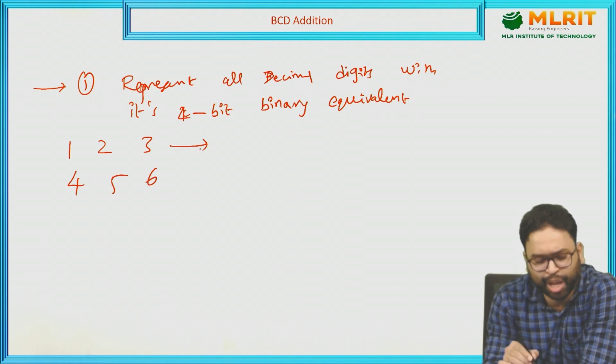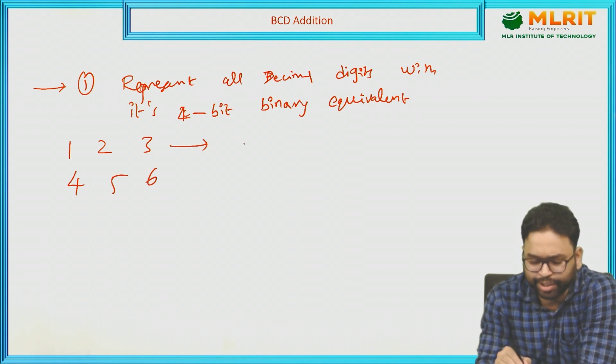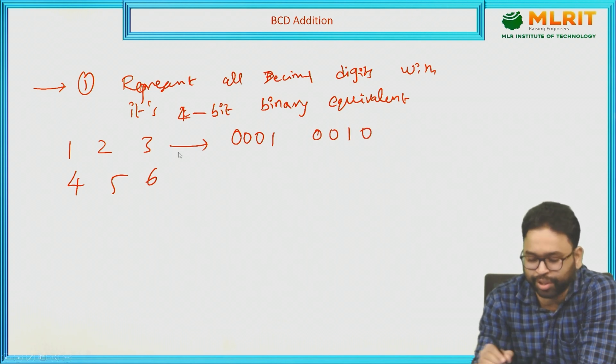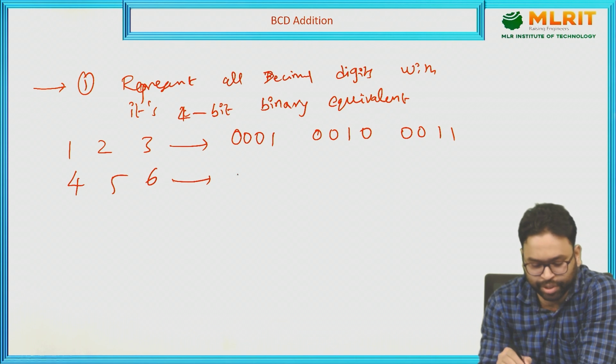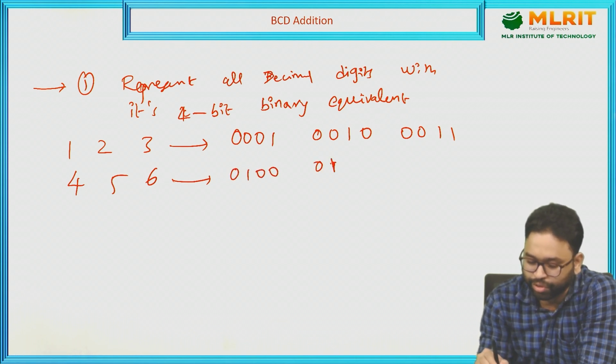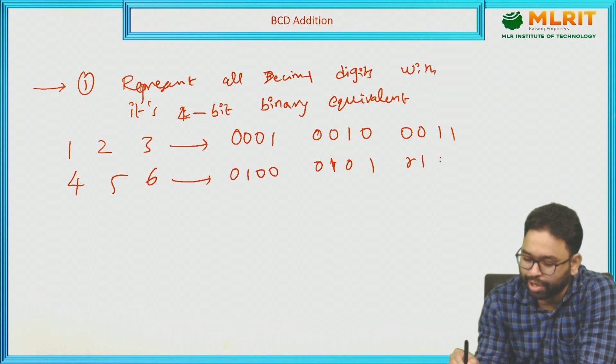Here I am representing 1 as 0001, and 2 as 0010, and 3 as 0011. 4 means 0100, 5 means 0101, 6 means 0110.